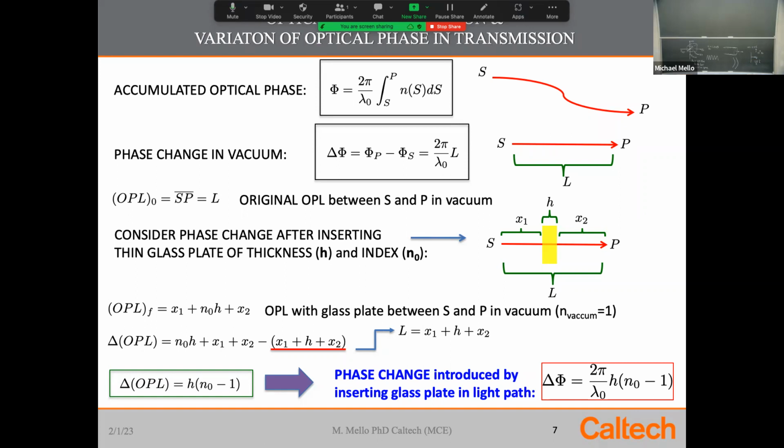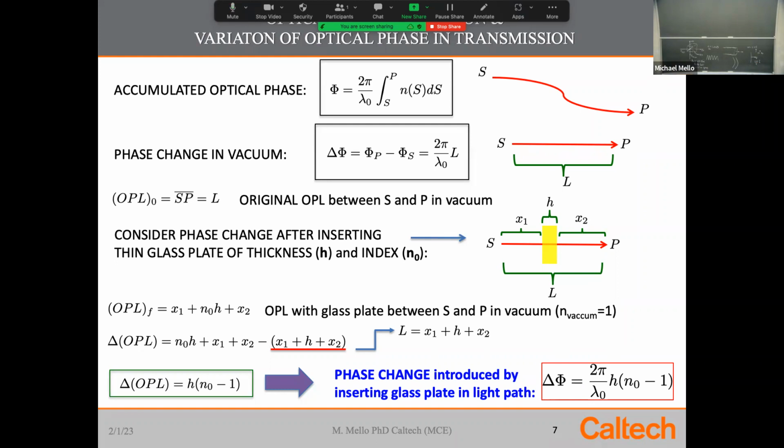Notice it's this distance x1 from here to here in vacuum, plus, note the presence of the n, n naught times the thickness of the glass to accommodate for it traveling from there to there, plus x2, which is from there to there. How does that differ from what happened before when it just went L the whole way? Well, I'll remind you, L is nothing but x1, h, and x2 before we stuck the glass plate in.